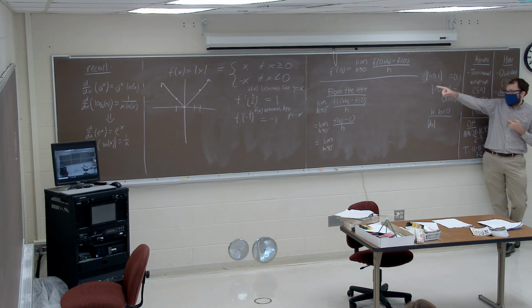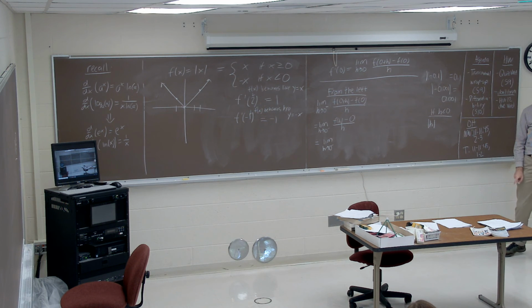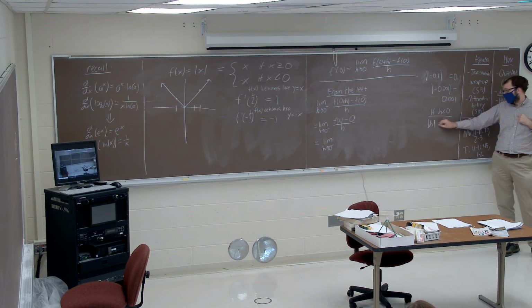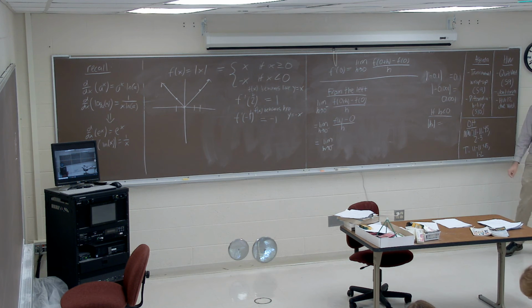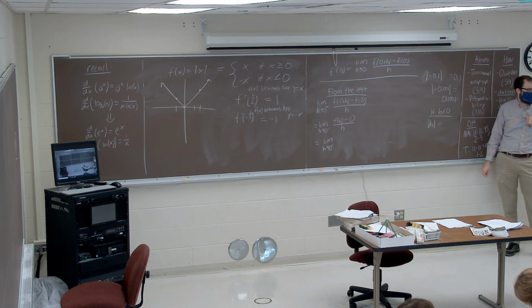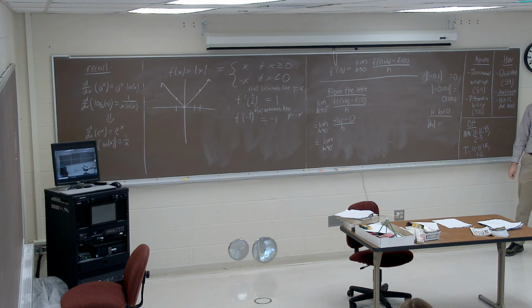I'll give you a hint. Use the piecewise definition. Sorry, I said positive. You said if h is negative, you take the absolute value of it. I take the absolute value of h, so what would that be equal to? Negative, positive h. Equal to positive h? Like that?